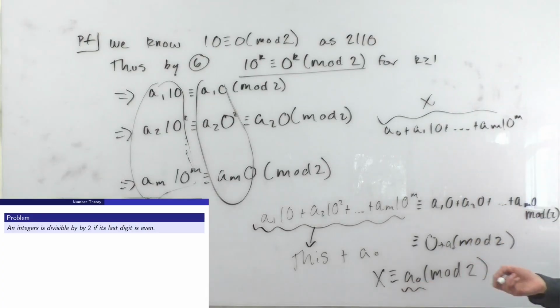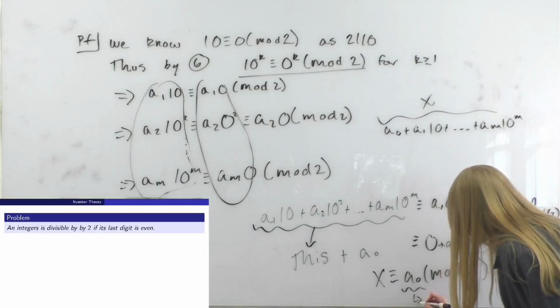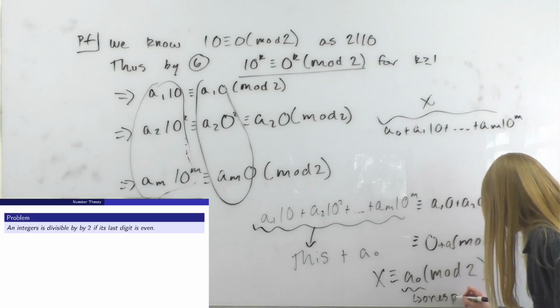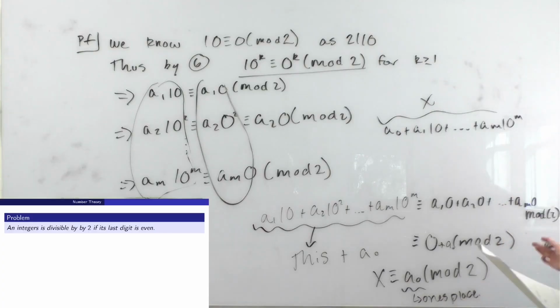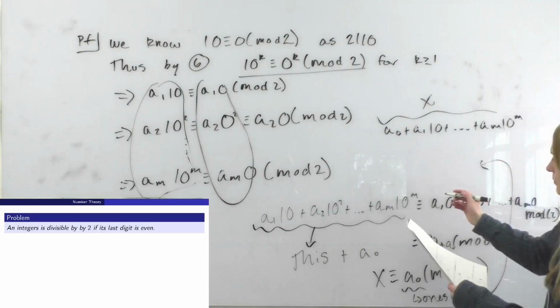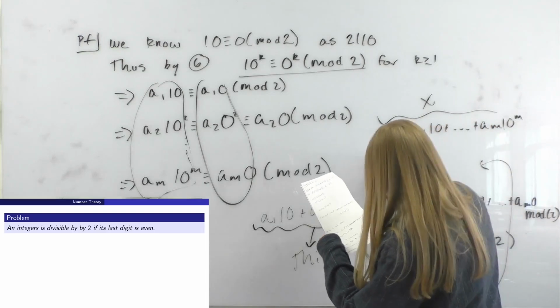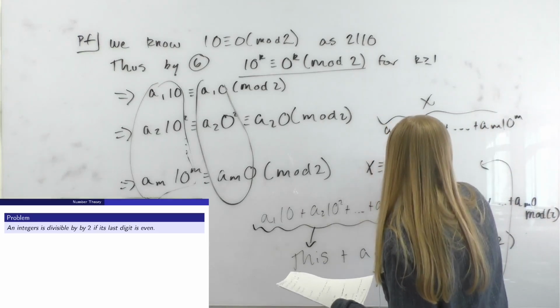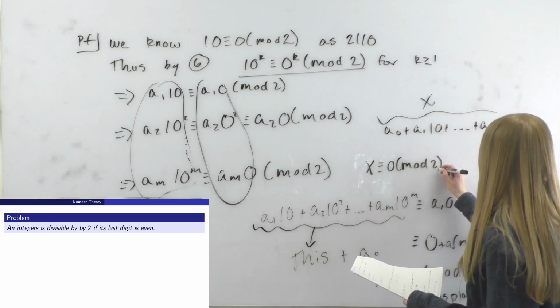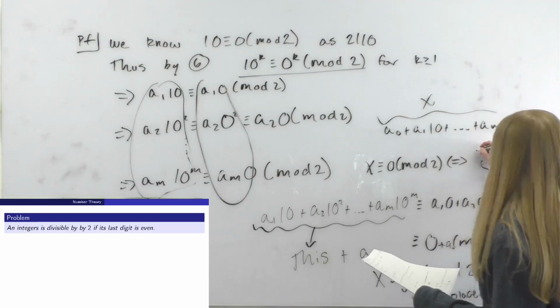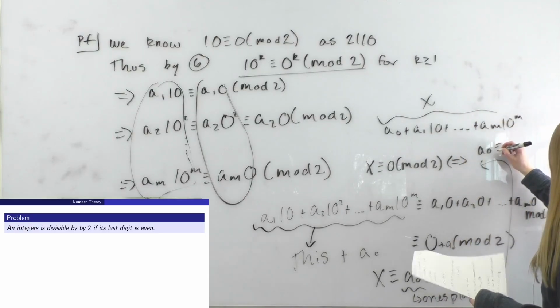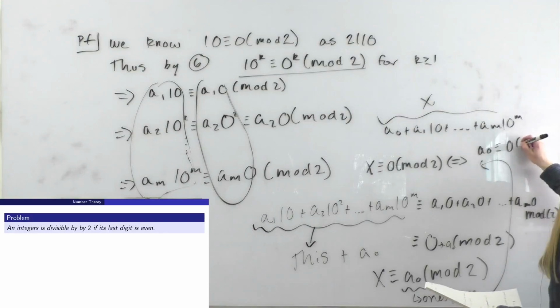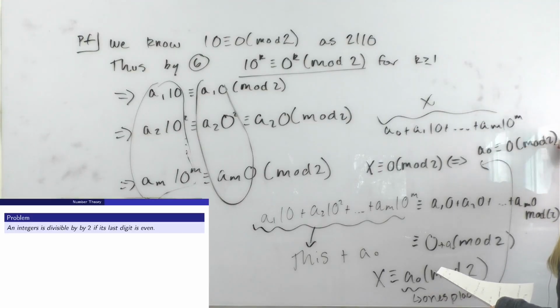But what is a_0? It's just the ones place. So we see that x is congruent to 0 mod 2 if and only if a_0 is congruent to 0 mod 2. QED.